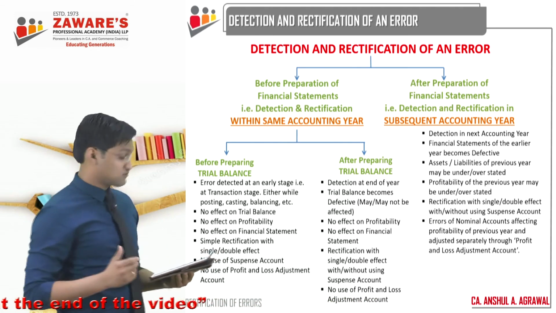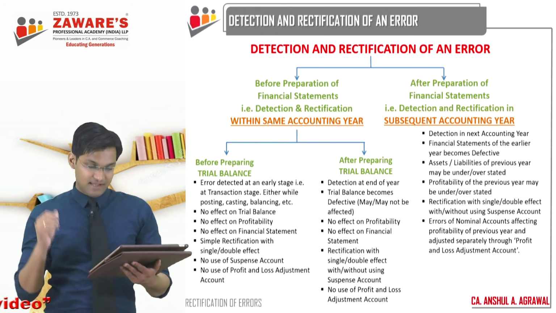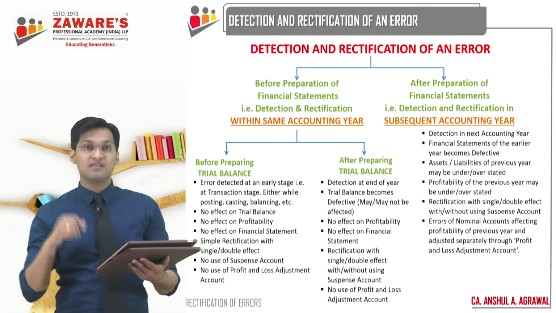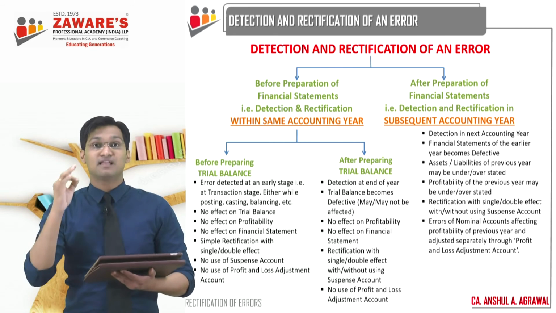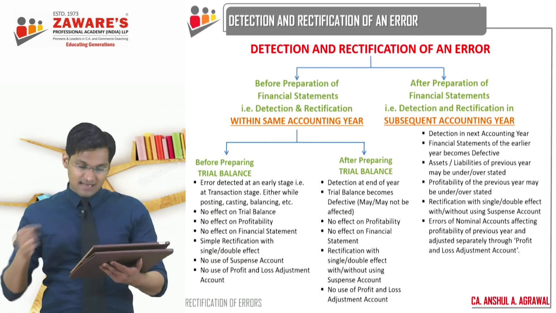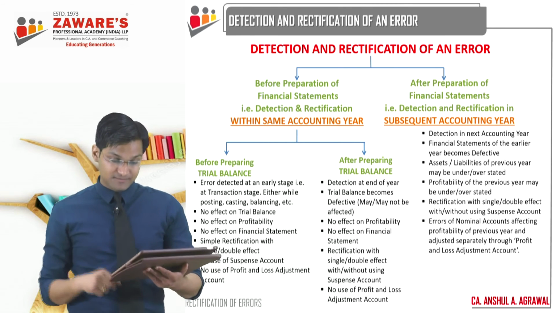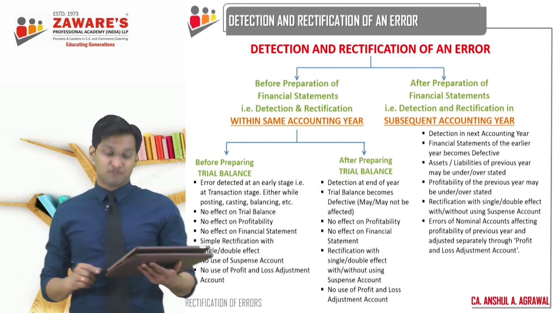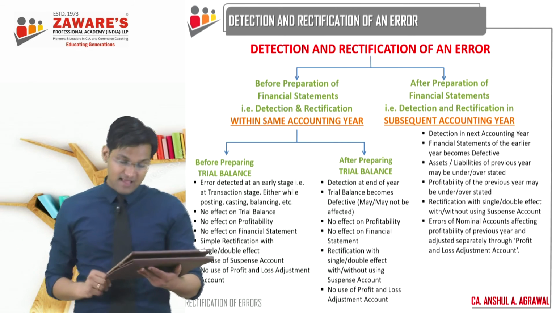Let's see what will be its consequences first. Detection takes place in the next accounting year. Financial statements of earlier year becomes defective. Why they become defective? Because it contains error. Assets and liabilities of previous years may be understated or overstated. Profitability of the previous year may be either understated or overstated.